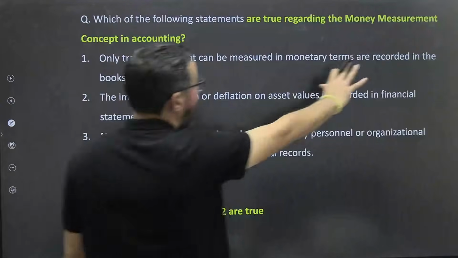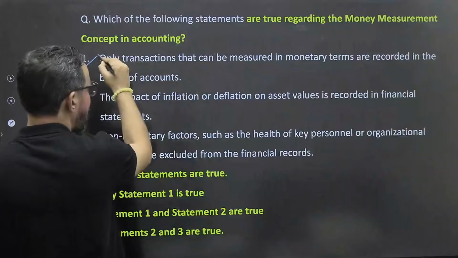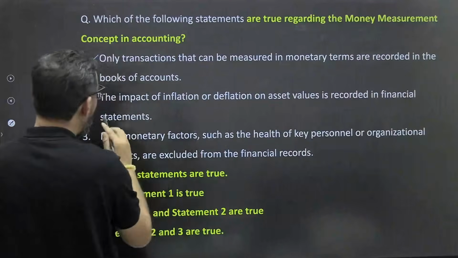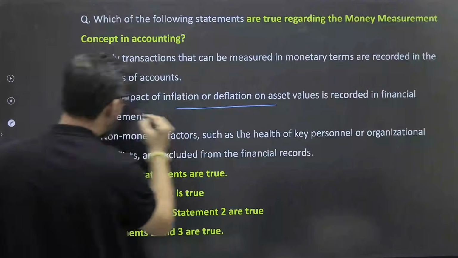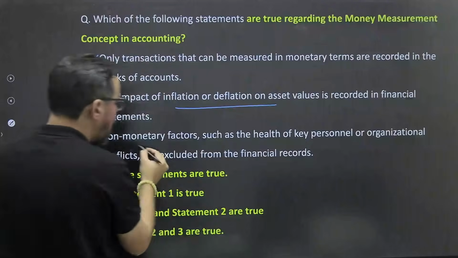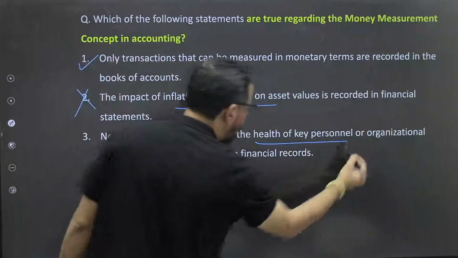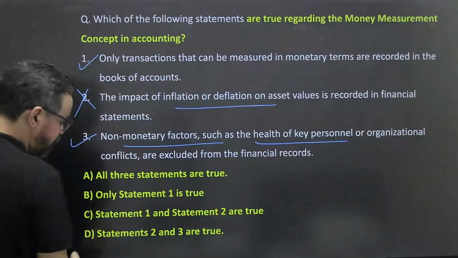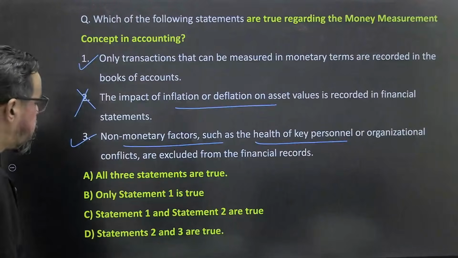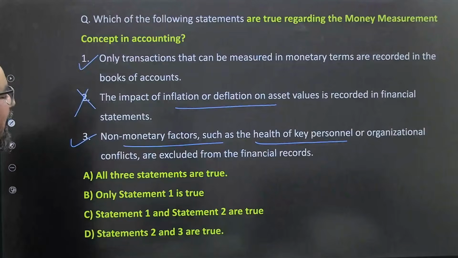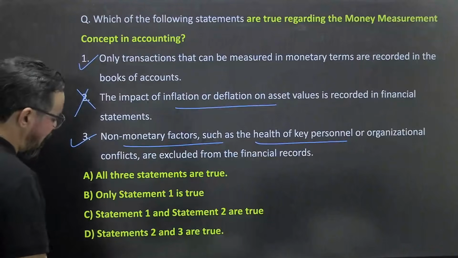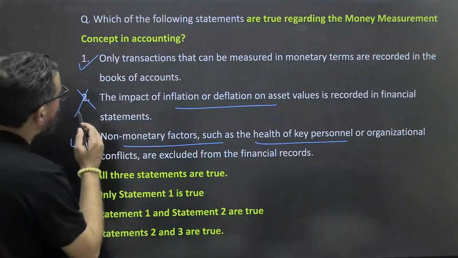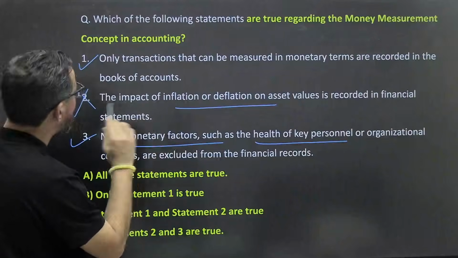So, true regarding the money measurement concept, this was correct. The impact of inflation and deflation, we are not going to record. Non-monetary factors such as health of key personnel or organizational conflict are excluded. So statements 1 and 3. We do not have 1 and 3 here. So what we have to find out is what is true regarding the money measurement concept.